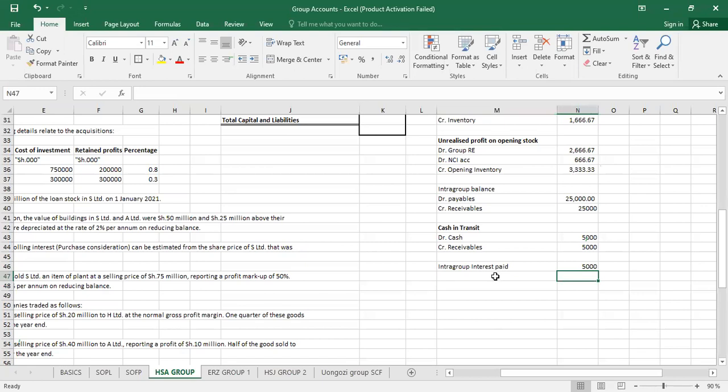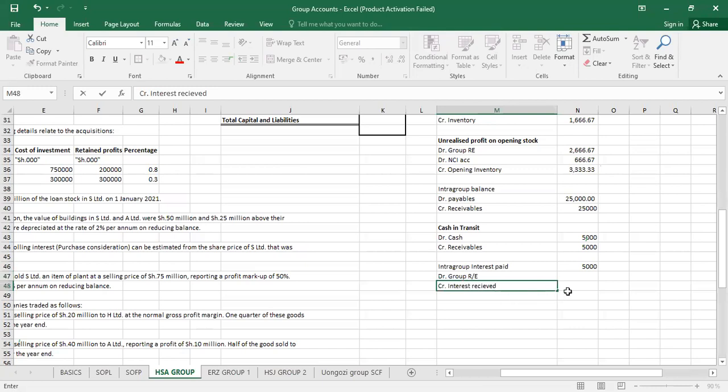Remember we always less, isn't it? So the adjustment here: debit group retained earnings, credit interest receivable, or interest received.